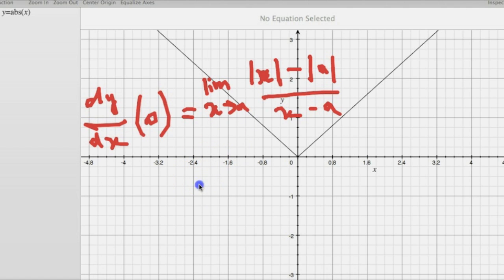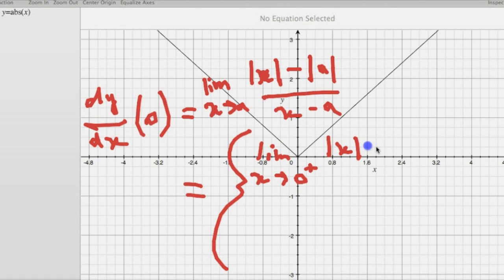So this will equal, in these big curly braces, the limit, and since we're trying to find it at 0, remember a is 0, as x approaches 0 from the positive side. From the positive side we just get x, so we get x minus 0 over x minus 0 as well, and that side equals 1.